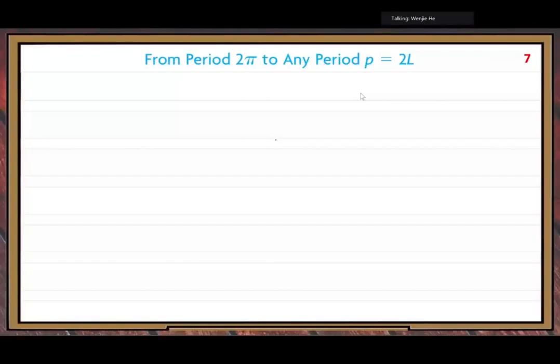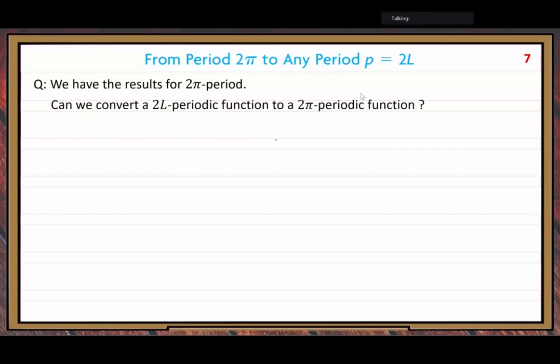We go from period 2 pi to any period p equals 2L, because there is a positive L half and a negative L half, so we consider the symmetric function.